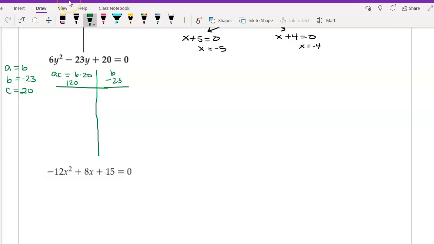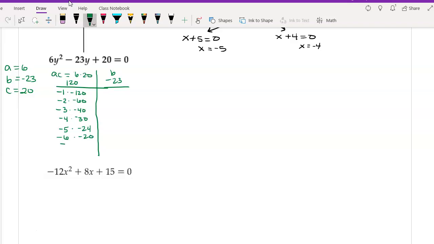So I have negative 1 times negative 120, negative 2 times negative 60, negative 3 times negative 40, negative 4 times negative 30, negative 5 times negative 24, negative 6 times negative 20.